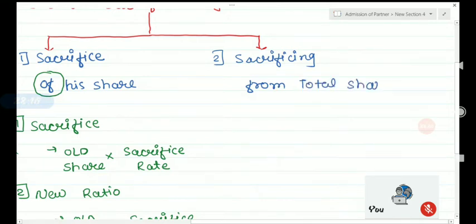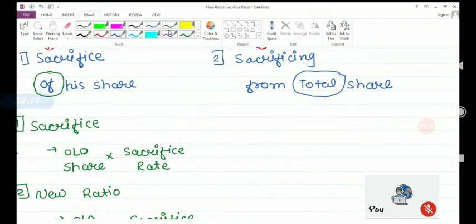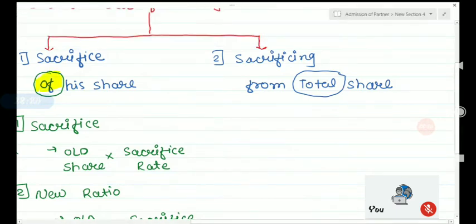See, keep one thing in mind, this word total may or may not be described in your question. You need to focus on this "of" and "from". I am repeating this, you need to focus on this "of" and "from". Always spot the word, identify whether it is "of" or "from". Otherwise you will be 100% perfect.